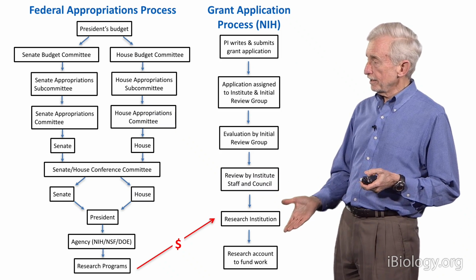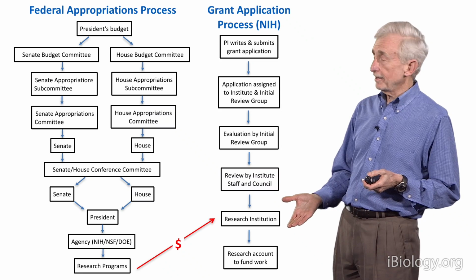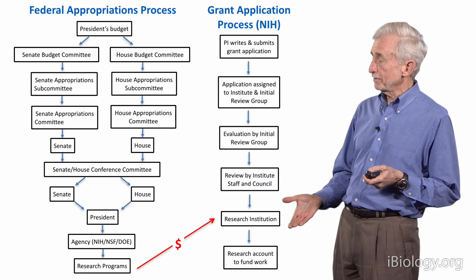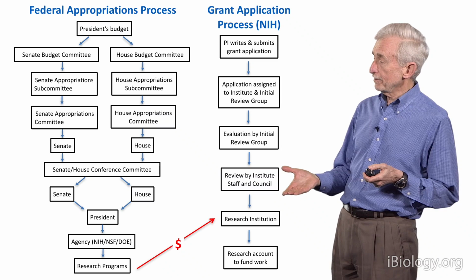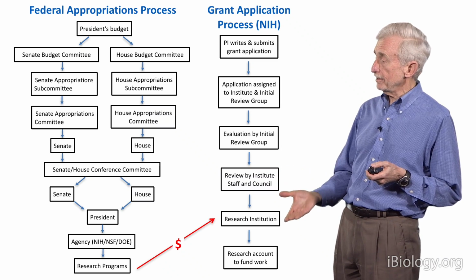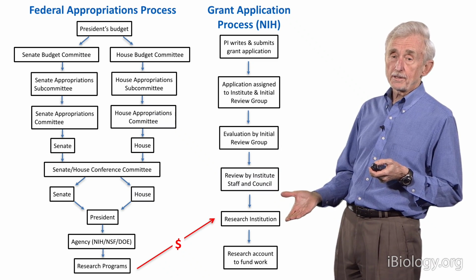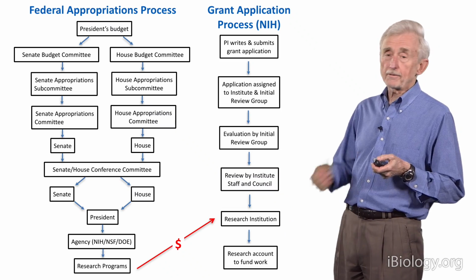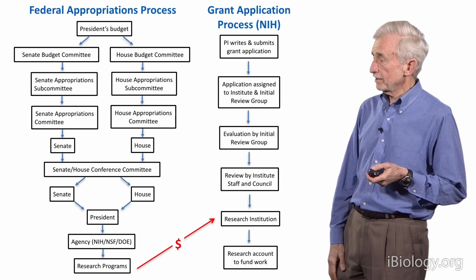So once that is done, hopefully money has come from the agencies, the NIH and the NSF, and they send some money to the institutions, which set up a research account for the investigator. So that's how it works.